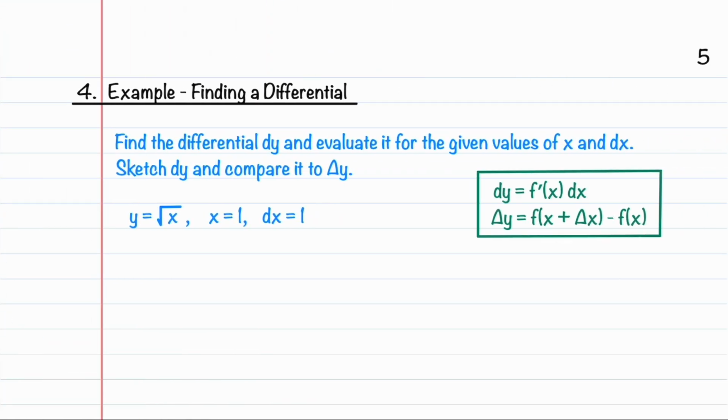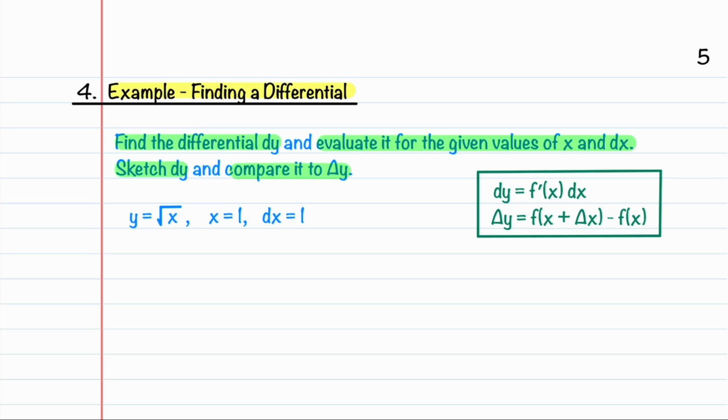We're now going to look at an example where we are given a function and want to find its differential. We want to find the differential dy and then evaluate it for the given values of x and dx. And then we're going to sketch dy and compare it to delta y.